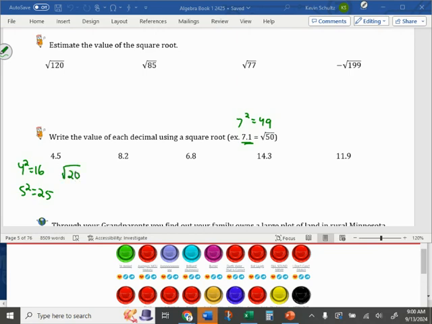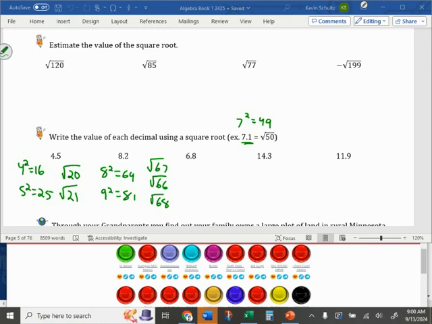If you did, I wouldn't mark it wrong, but root 20, root 21, either of those would be good approximations. 8.2. Well, I know that 8 squared is 64. 9 squared is 81. What number would 8.2 be approximately? 67, 68, 69, anywhere in there. 66? Sure, why not?